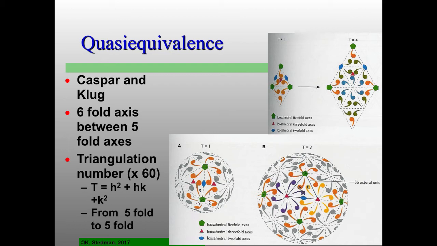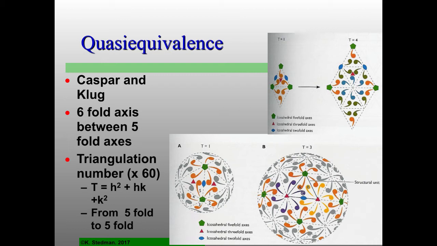So in order to have an icosahedrally symmetric particle, you use quasi-equivalence, where you have your coat proteins, here conveniently all of these little commas, which then can either come together as 6 or as 5. And how these 6s and 5s fit together, there are a limited number of geometric ways that this can happen. I've posted a couple of links to that on D2L if people are interested in getting into it. But the best way of thinking about this is the triangulation number.